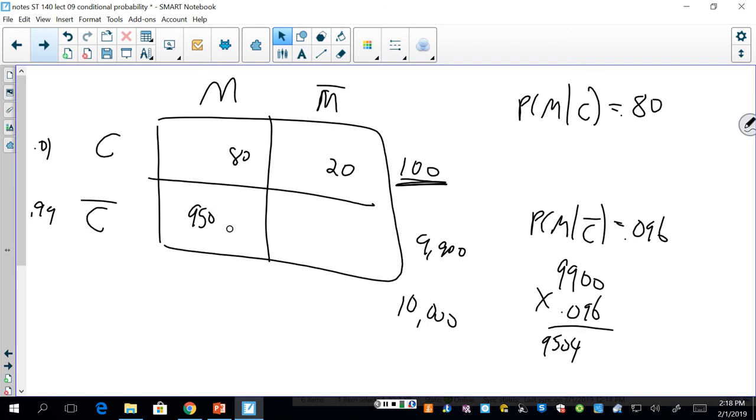It's approximately 950, so I'm off by one decimal place. If I made this out of 100,000 women, it would come out exactly even. About 10% of that is 990, and it's a little bit less than that, so 950. That would imply 8,950 over there, so we have 8,970 positive mammograms and 1,030 here for the 10,000 is how they would split up.